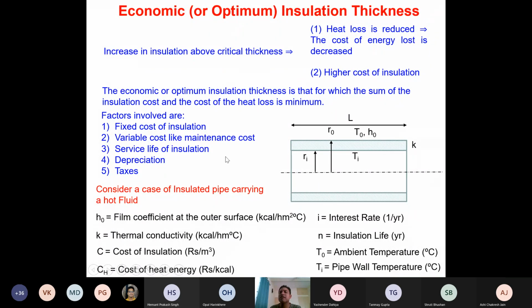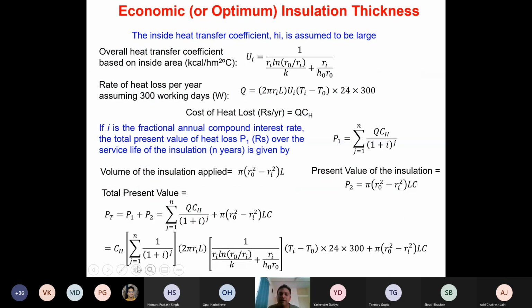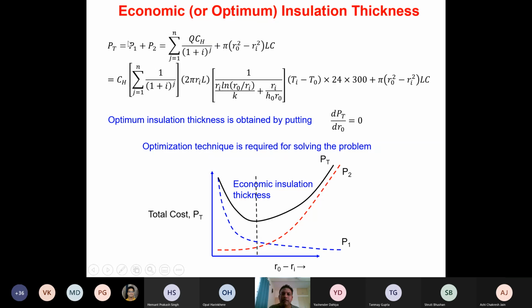So based on this, the cost function is formulated, and this is the cost function which we have obtained over the service life of the insulation, isn't it? Then we can differentiate this cost function with respect to the outer radius, because the outer radius is going to give me the insulation thickness.